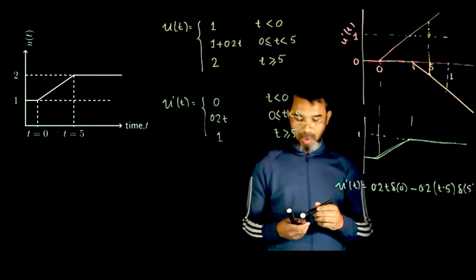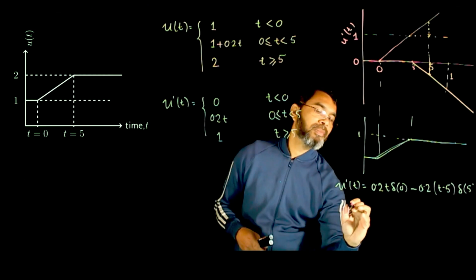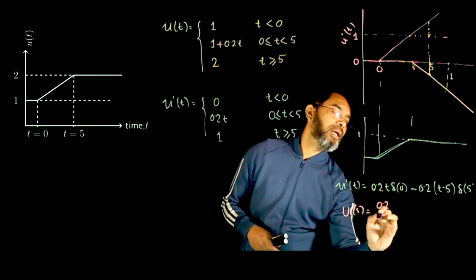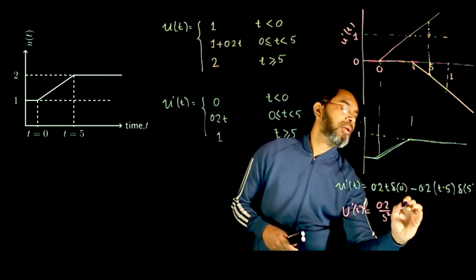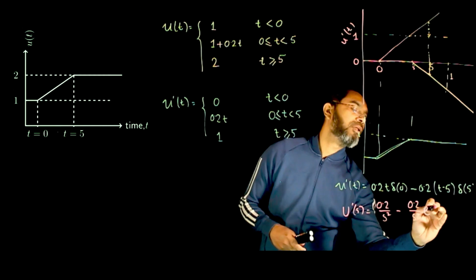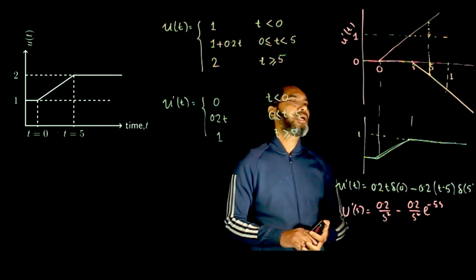Now if we express this in the Laplace domain, we have 0.2 over s squared, and this one also 0.2 over s squared. However, there is a delay time, so it is multiplied by e to the power -5s. So this is the Laplace domain expression for that signal.